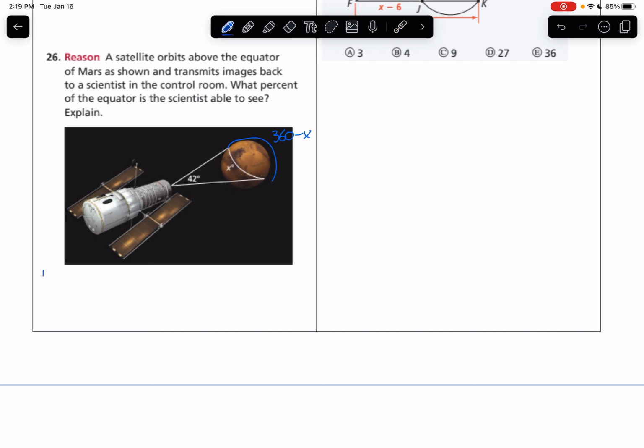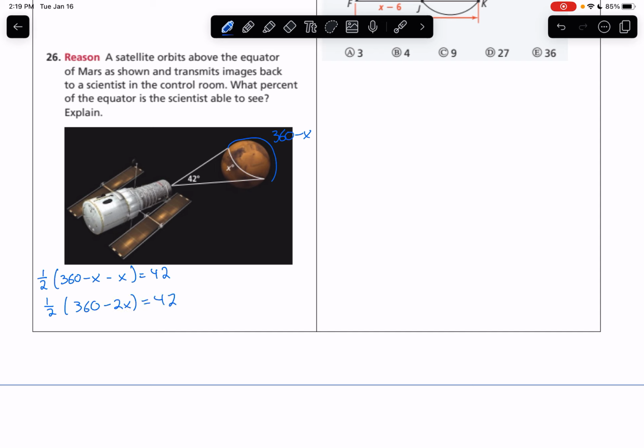Half of the arc that's bigger, 360 minus x, minus the arc that's smaller, which is just x degrees, equals 42. And since there are two x's in here, we can solve. 1/2 of 360 minus 2x equals 42.